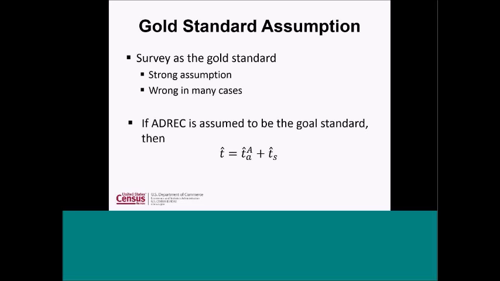So this assumption of the gold standard of the survey, although as survey methodologists, a lot of times we kind of fall back on surveys being better than administrative records, it's a really strong assumption. And it also is wrong in many cases, right?